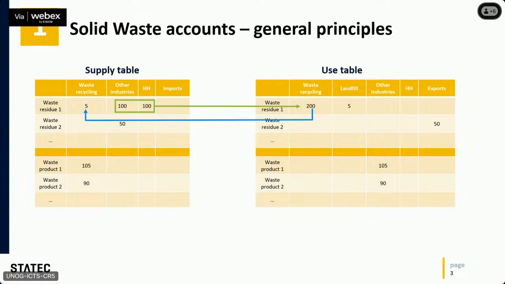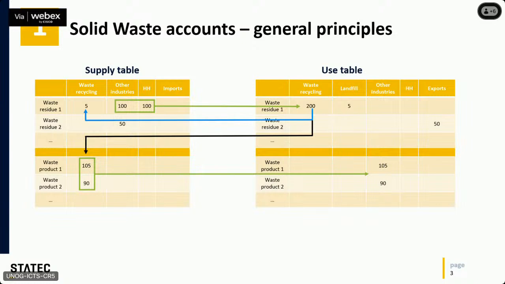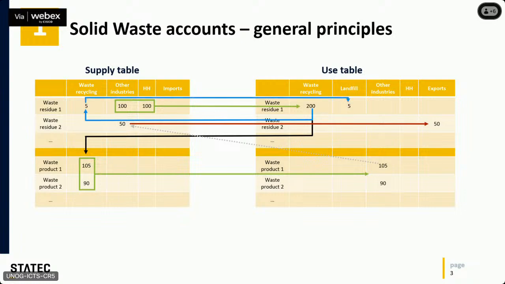A part of the recycling isn't 100%, so you do have a residue waste production from recycling companies, but there's also a production of products which can go back into the economy and can be used by other industries. These are industries that will produce products used by other industries in turn, who will then export their waste. So this really is the concept of circulation in terms of statistics.